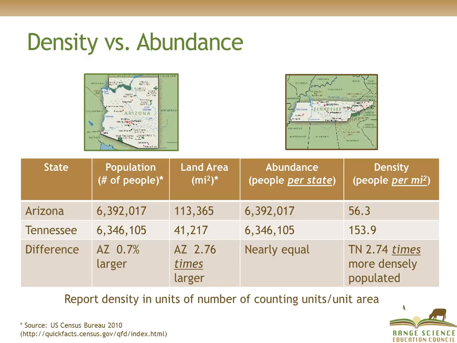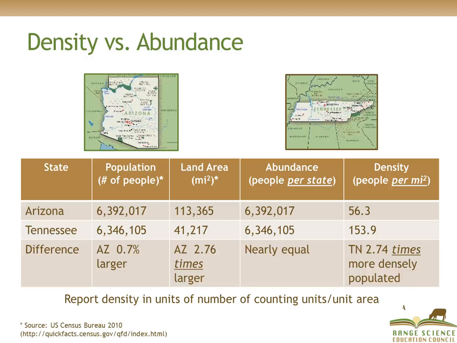Now, this is where we can see the difference between these two terms. If we talk about the abundance of the two states, we're simply talking about the number of people per state. And we've already noted that they are nearly equal. But density, as you will recall, is reported in units of the number of individuals or the number of counting units per unit area. So in this case, the individuals are individual people, and the unit area is per square mile.